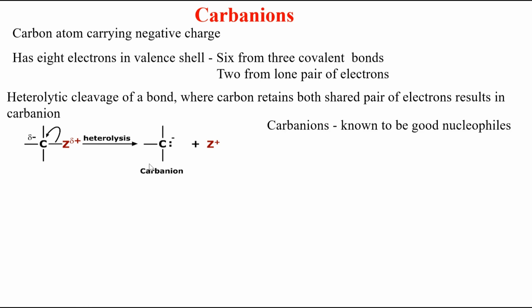Carbanions, as they are electron rich, can act as a good nucleophile. Carbanions have a very important role to play in our industrial products preparation like plastics. As we know, plastics has revolutionized the world, and also it has created a great menace to mankind.